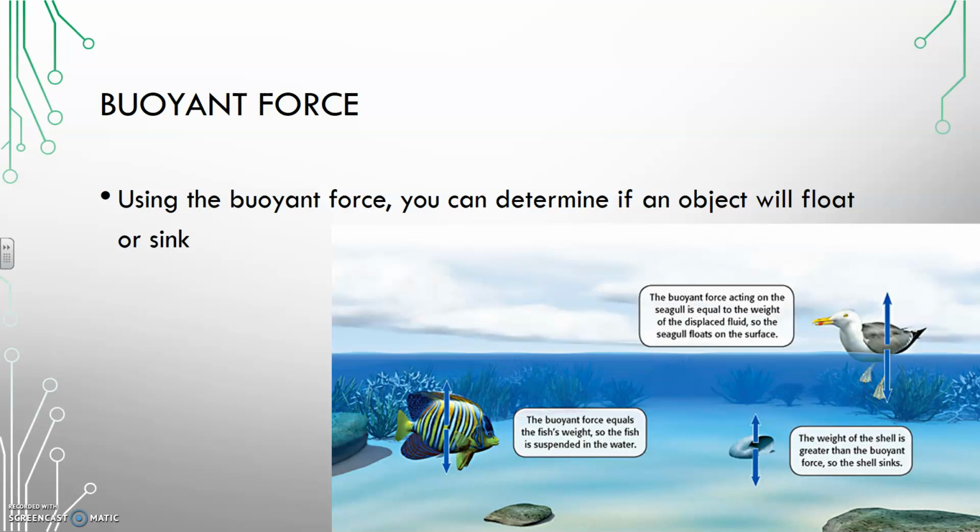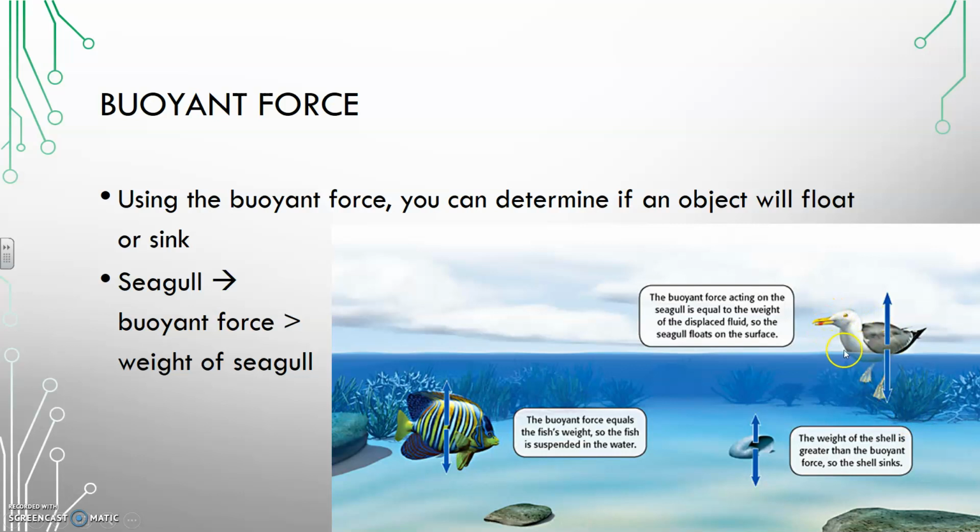So we're going to use this image here. First up, we're going to talk about the seagull. For the seagull, the buoyant force of the water is actually greater than the weight of the seagull. The buoyant force acting on the seagull is equal to the weight of the displaced fluid. You notice that it doesn't actually displace a whole lot of fluid, but it's because there isn't a whole lot of weight on the top.